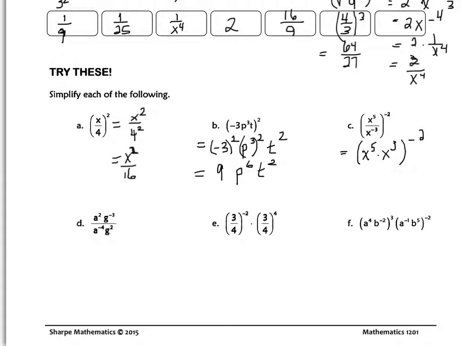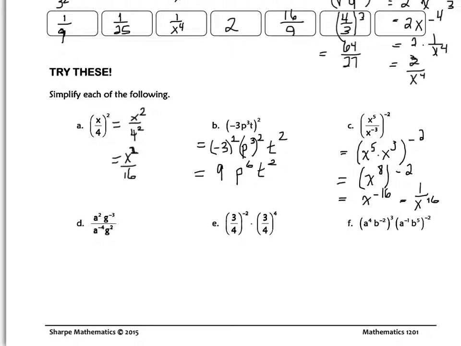So when you take the reciprocal of it, it comes up in the top as x to the positive 3. So basically I've gotten rid of my denominator. Now I can add the exponents, and I get x to the 8 all to the negative 2, and then that would be x to the negative 16, which equals 1 over x to the 16.